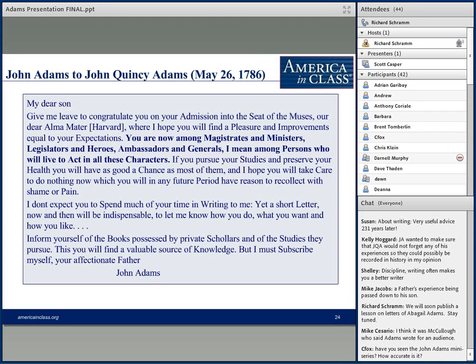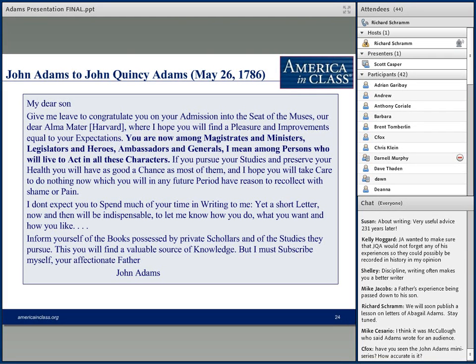If you pursue your studies and preserve your health, you will have as good a chance as most of them, and I hope you will take care to do nothing now which you will in any future period have reason to recollect with shame or pain. I don't expect you to spend much of your time in writing to me, yet a short letter now and then will be indispensable to let me know how you do, what you want, and how you like. Inform yourself of the books possessed by private scholars and of studies they pursue. This you will find a valuable source of knowledge. But I must subscribe myself, your affectionate father, John Adams.